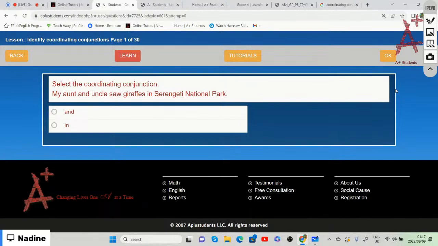We need to choose the correct answer. Is it and or in? And if we select the coordinating conjunction, we're going to select and, my aunt and uncle.